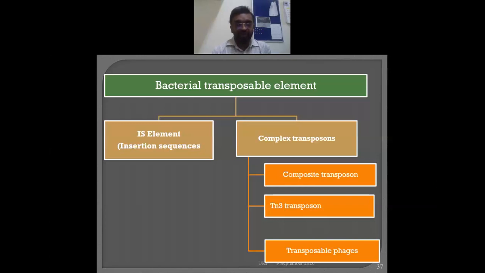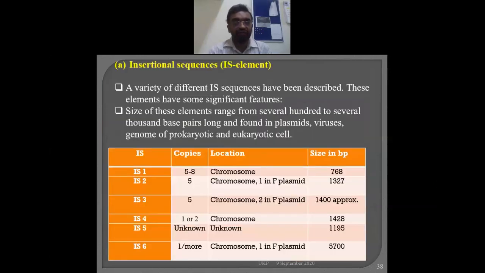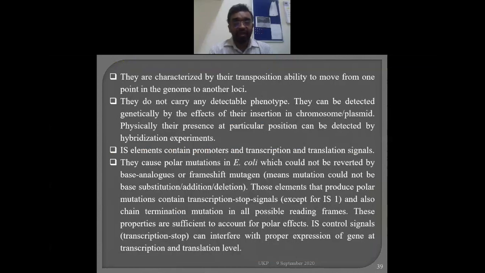In our previous lecture, we also discussed the various characteristic features of the insertional sequence. These are the simple ones as far as their structure is concerned. They may be present on the chromosome, they may be present on the plasmid. The size varies from several hundred to several thousand. One important feature associated with this element is that they do not carry any detectable phenotype.